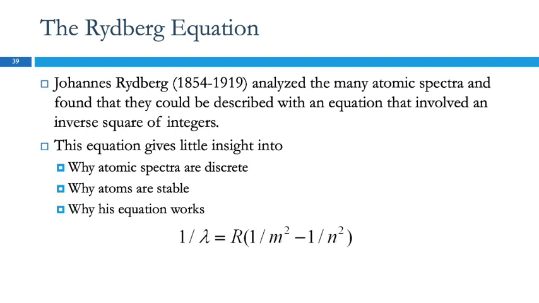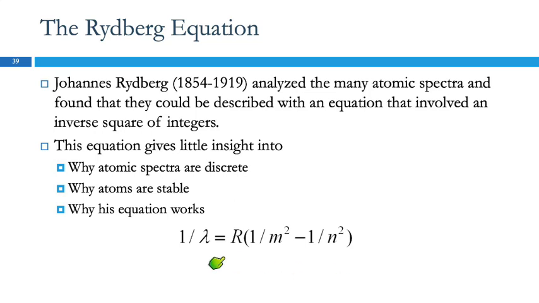So a guy named Johannes Rydberg, back in the 1800s, analyzed a whole bunch of these atomic spectra and was trying to figure out a way to describe them mathematically. And he did come up with an equation, which is really cool, although it doesn't really give us any insight into what's going on.